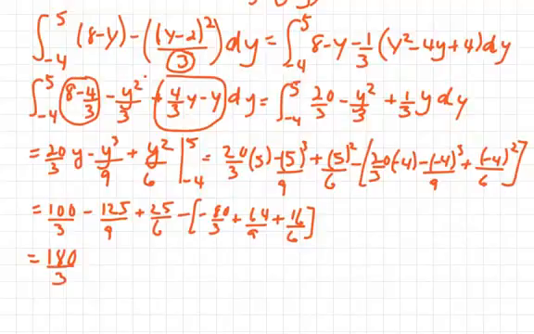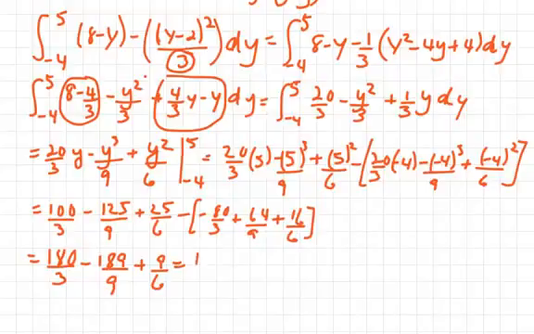I've got a negative and a negative, so negative 125 and a negative 64 leaves me with a negative 189 over 9. And then I got a 25/6 and minus a 16/6, which is plus 9/6.